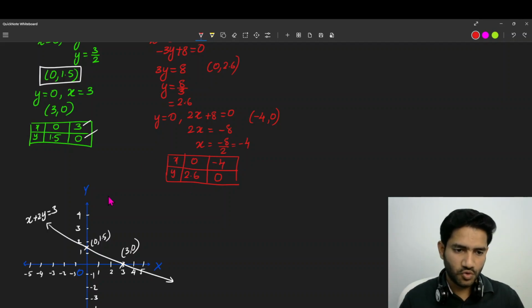X equal to 0, y is 2.6. 0, 2.6 is about here. This is 0, 2.6. And minus 4, 0. So this is minus 4, 0.